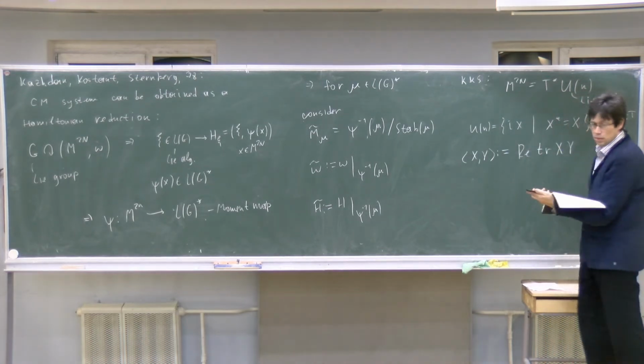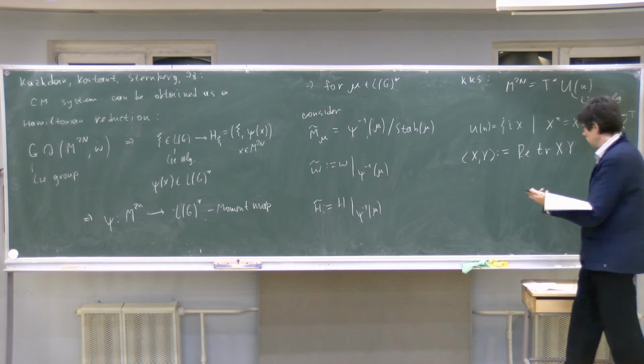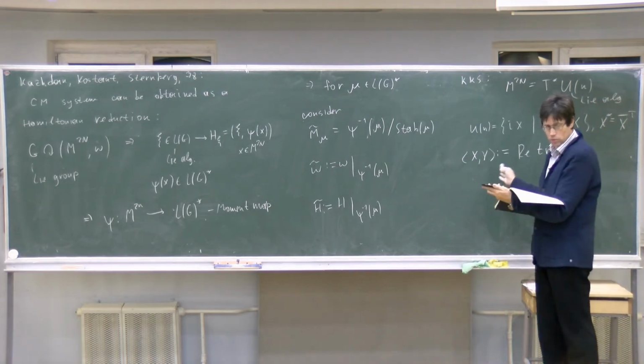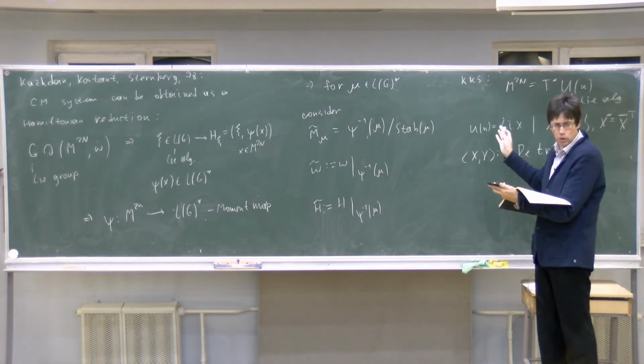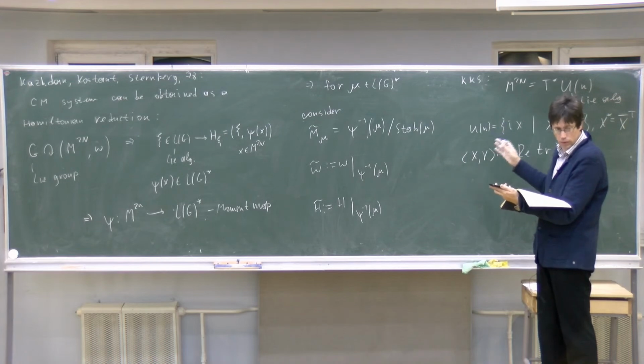So since it is simple and everything is okay, this form is non-degenerate, we can identify u(n) with its dual. And that's your question.